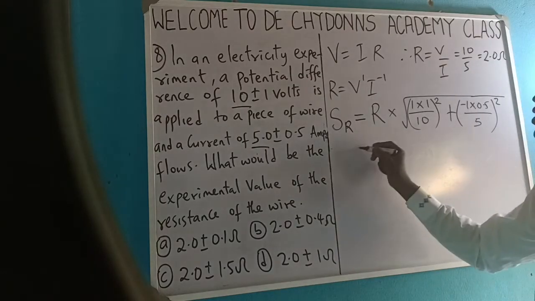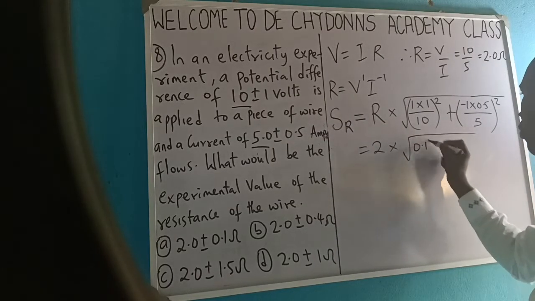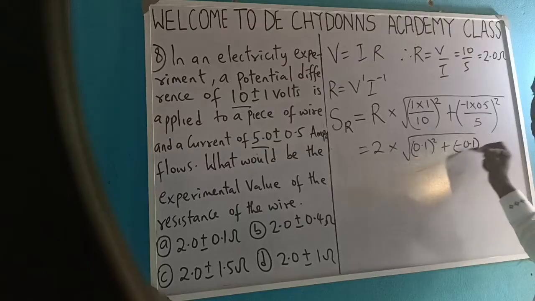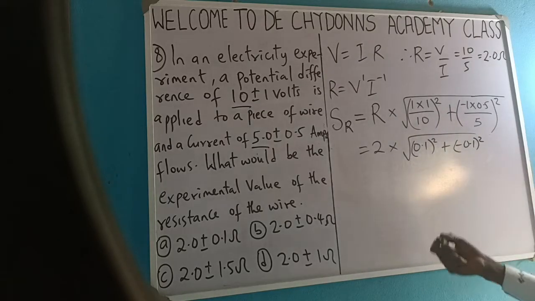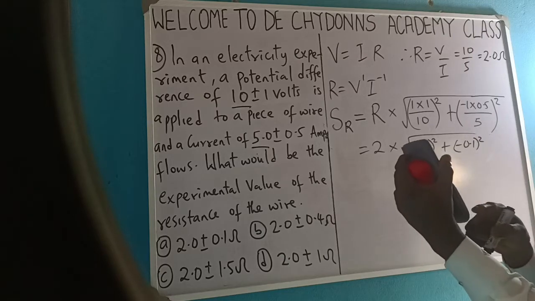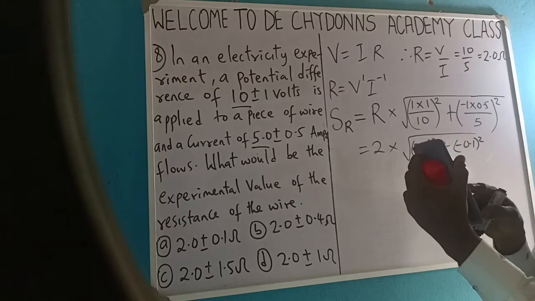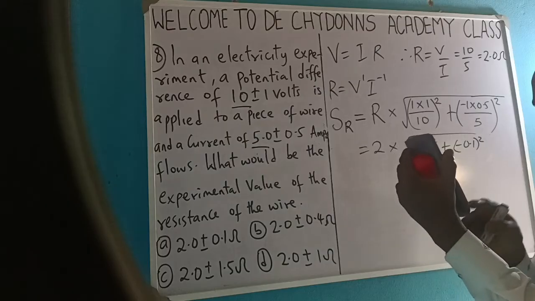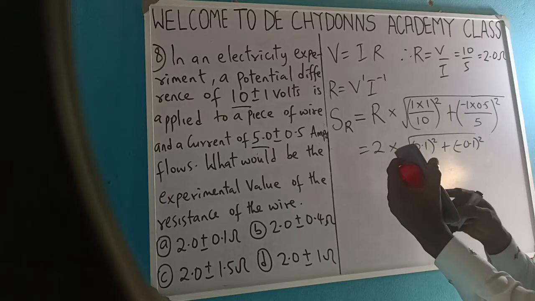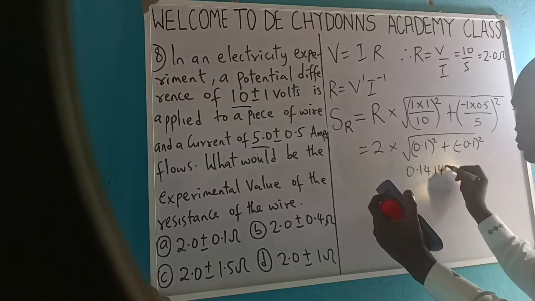Now this gave us 2 times the square root of 0.1 squared plus (-0.1) squared, because the 0.5 over 5 cancels to 0.1. You use your calculator, square root of bracket 0.1 squared plus bracket minus 0.1 squared. It will be giving us 0.14142.